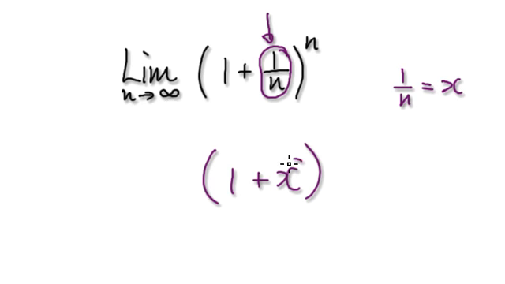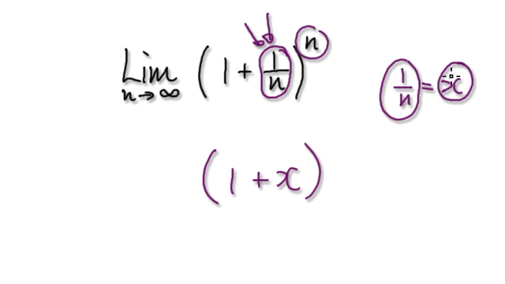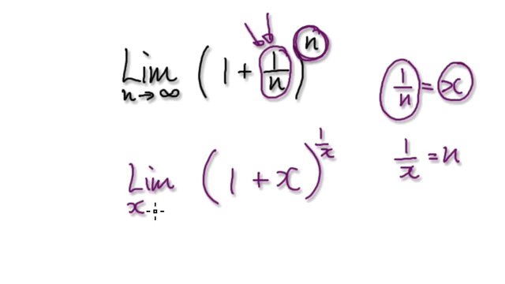We want this to increase and this to decrease at the same rate. So n will be 1 over x. Now looking at this, n is really 1 over x, but then we would need to make x tend to 0.